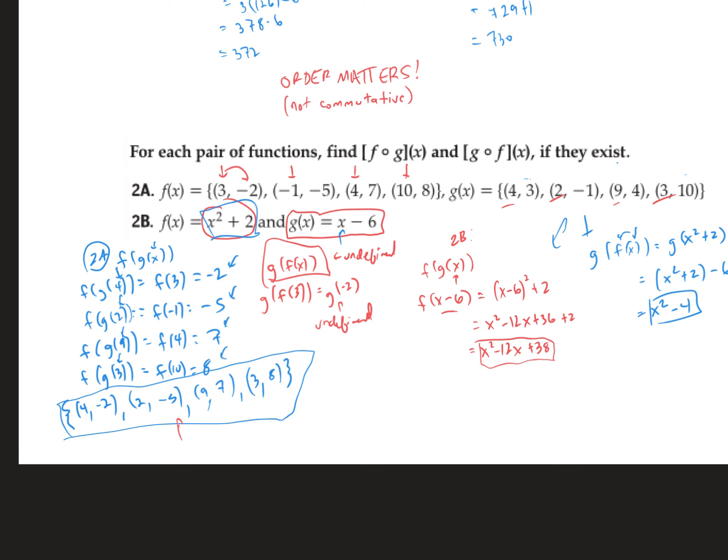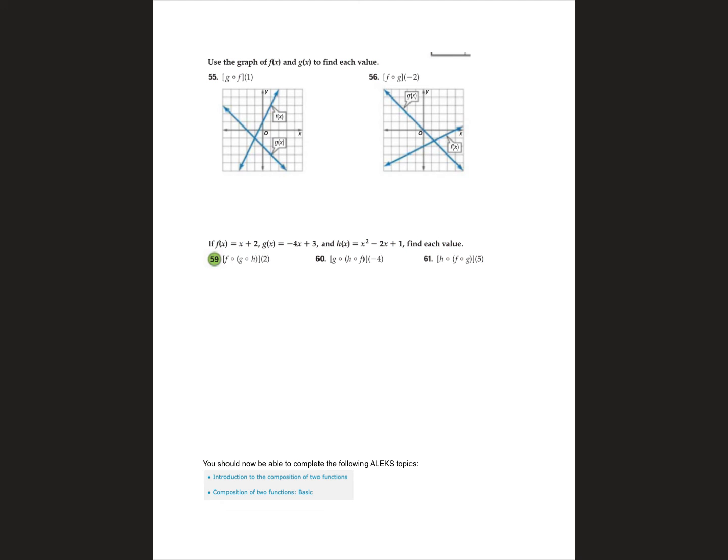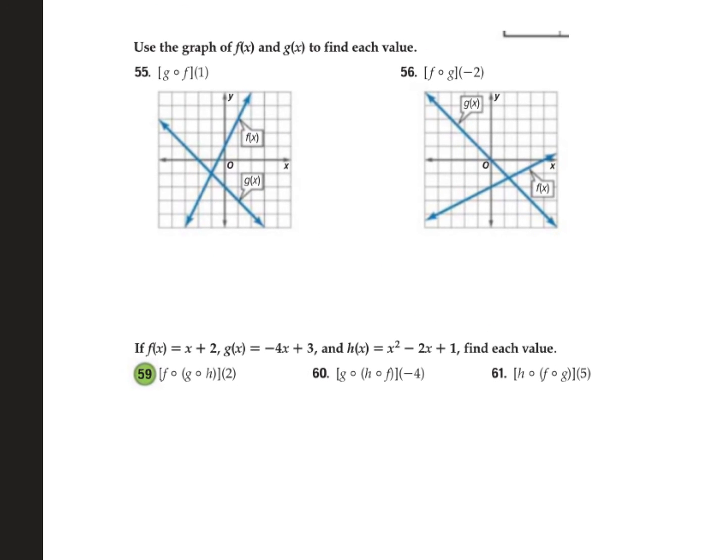All right, so that's the first part of these notes. Let's look at the second page. Now, this is basically the same sort of stuff, except we're using graphs. So g of f of 1 means g of f of 1. And I would plug 1 into f.